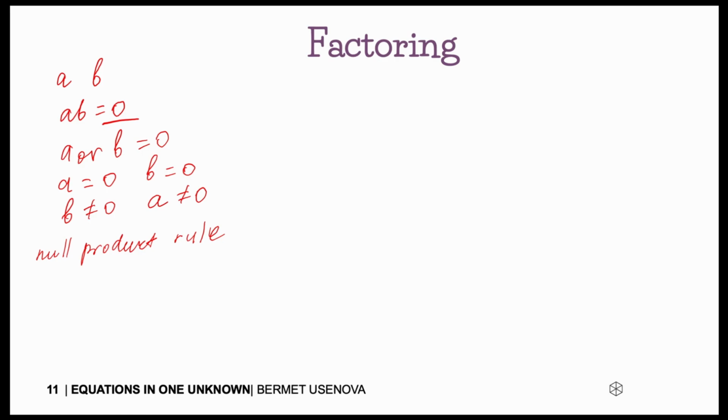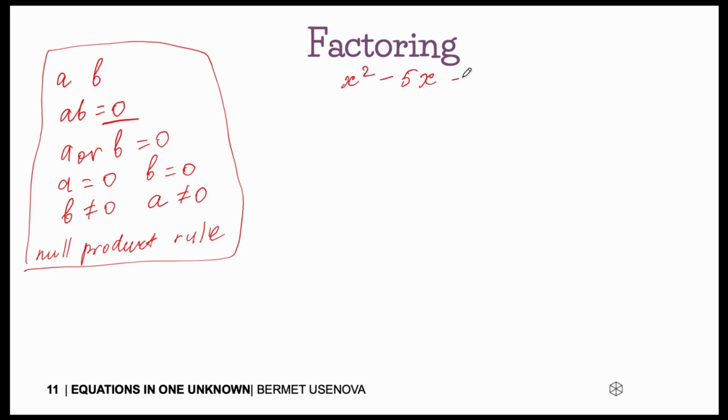So we will base the factoring method on this rule. Let's apply this rule, for example, to the following. We have an equation which is x squared minus 5x equals 0. If we want to simplify it, we can rewrite it as x multiplied by x minus 5.